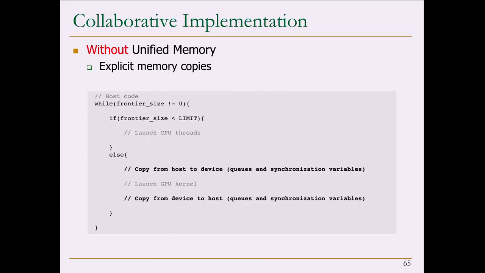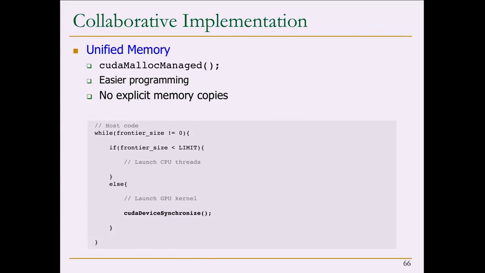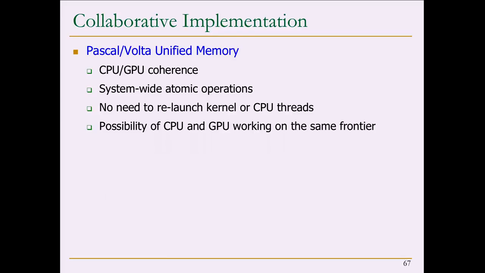If we don't use unified memory, we need to take care explicitly of the memory copies. If we use unified memory, we don't have to care about that. That's what you can see in this slide.